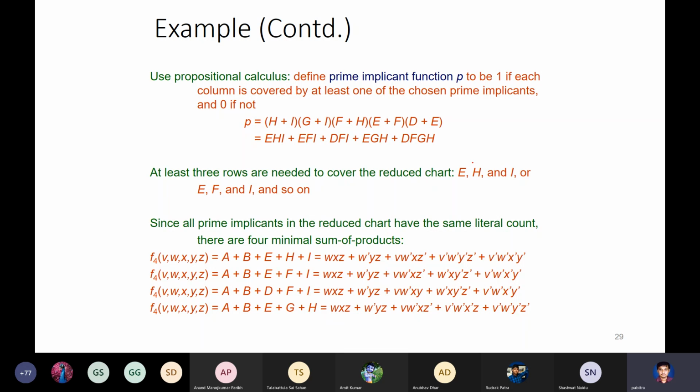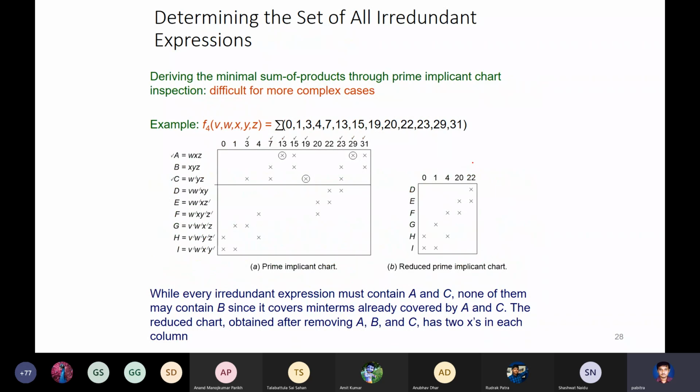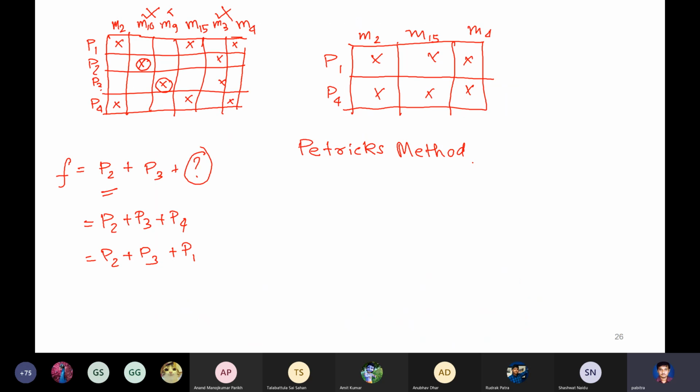Okay, so I'll talk about a method which is the prime implicant method. So let's look at this. My example is too small to explain. Okay, let me try to explain it.